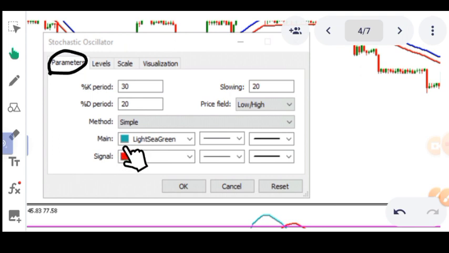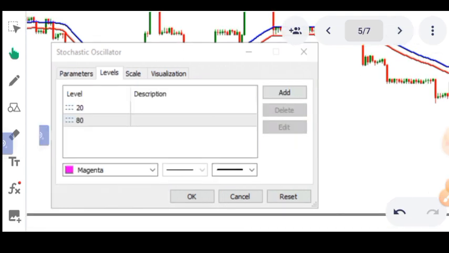Main signal, we have green, and then signal is red. For the pixel, I used 4. After setting it, click OK. Mind you, this strategy works both for your PC and your mobile phone.